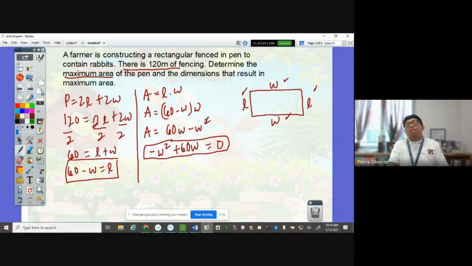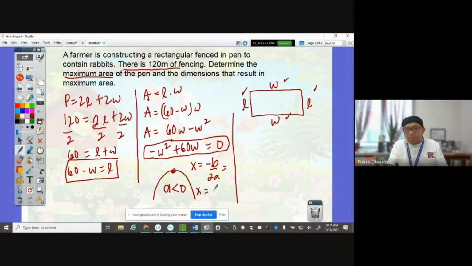In order for us to find the maximum area, take note that the maximum value of a quadratic can be found at the vertex, especially if a is less than 0. In this case, a is negative 1, so we will use the formula x equals negative b over 2a.